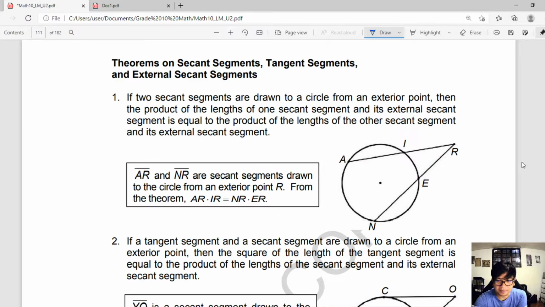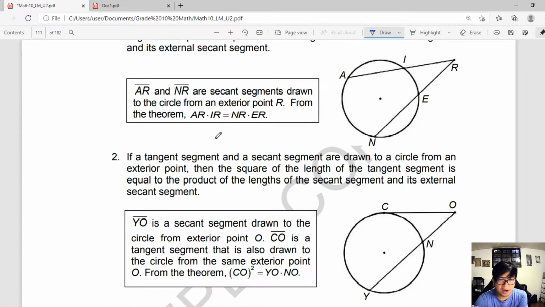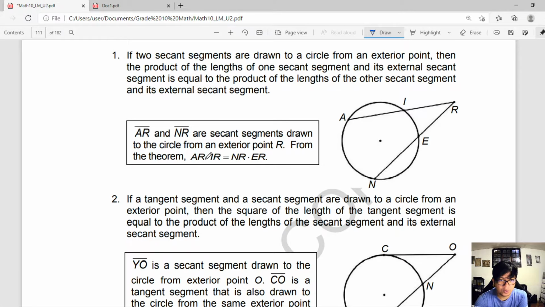For example, let's illustrate the theorem by citing an example here. So, AR and NR are secant segments drawn to the circle from exterior point R. So, this one. So, AR and NR are secants.